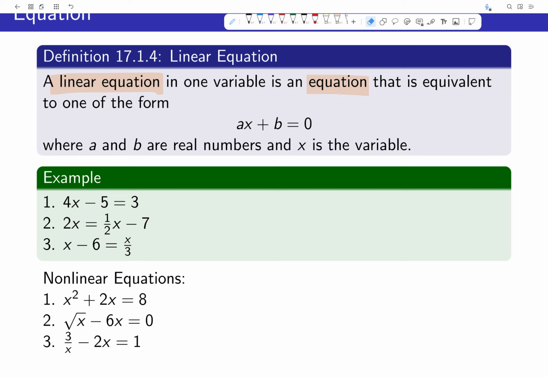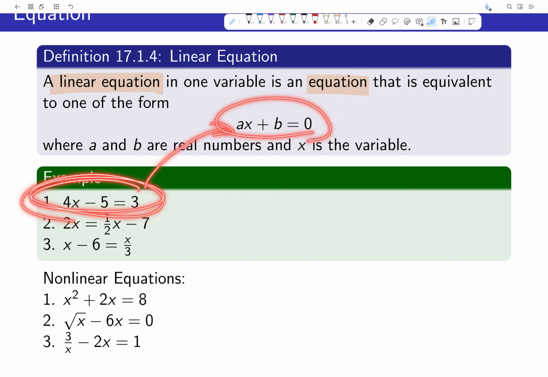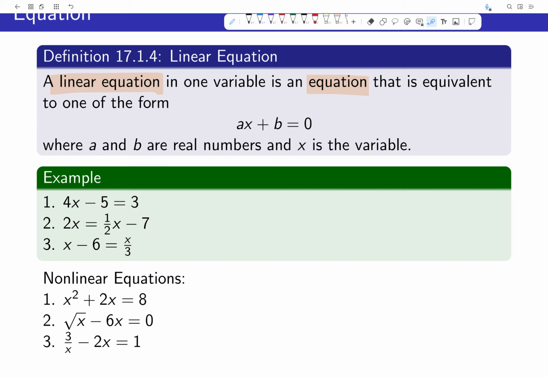Now we have some examples of linear equation. First, we have 4x minus 5 equals 3. This one is classified as a linear equation. Why? Because this equation can be transformed into this form.